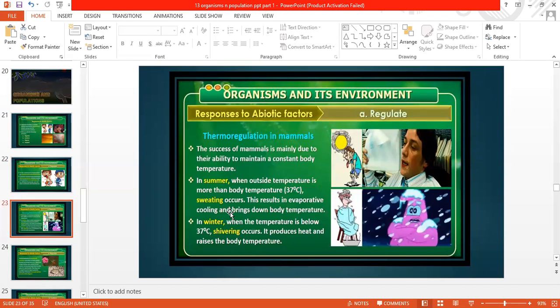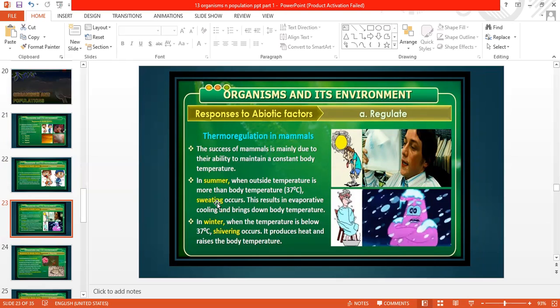Now, thermoregulation in mammals. How do mammals maintain their body temperature? The success of mammals is mainly due to the ability to maintain a constant body temperature. In summer, when the outside temperature is more than the body temperature of 37 degrees Celsius, they sweat.